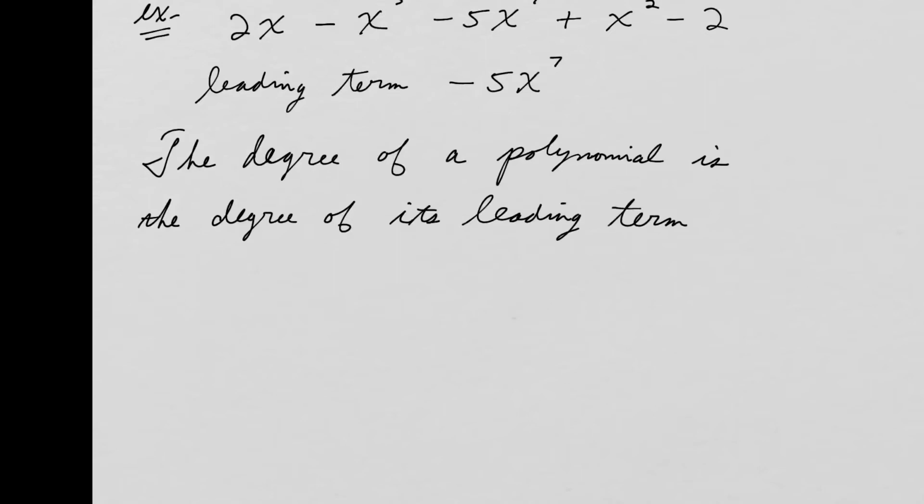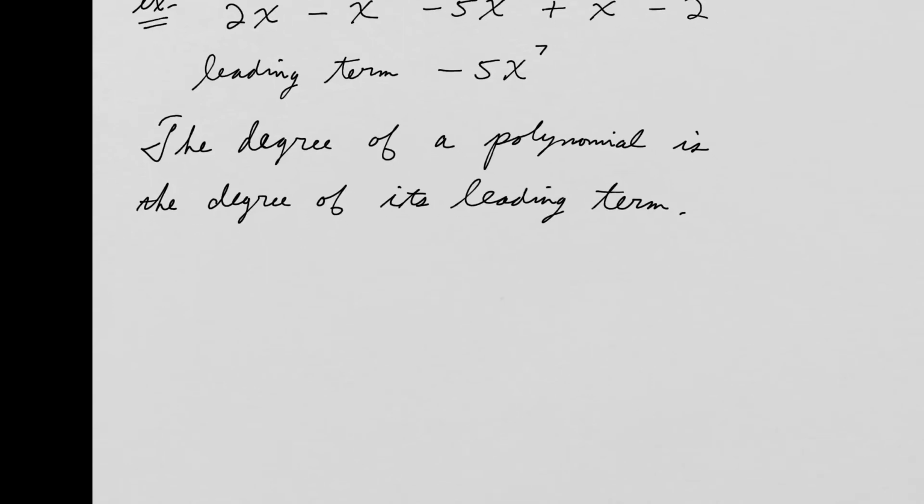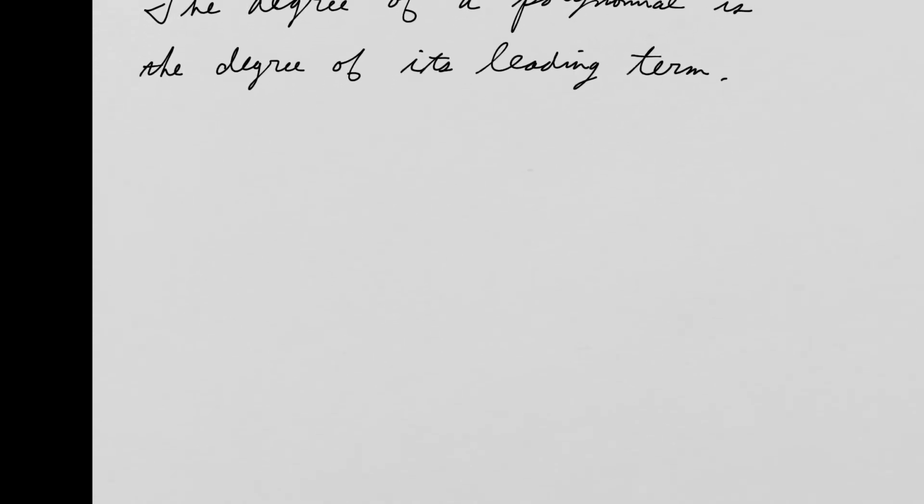So the degree of a polynomial is simply the degree of its leading term. So if I had something like this, let's say I had 4x cubed minus 5x plus 7, that's my polynomial. Well, what is the degree of that polynomial?